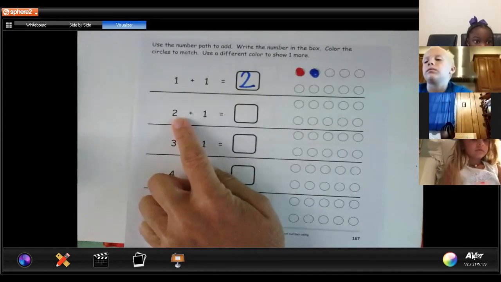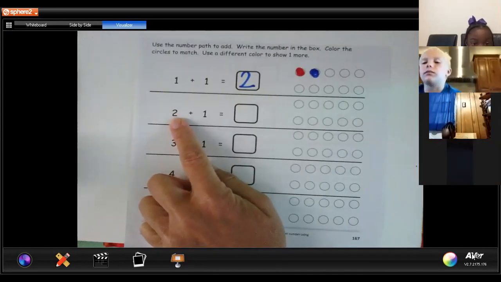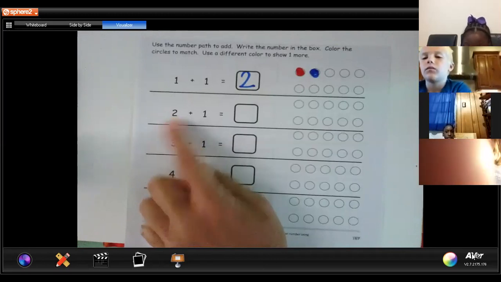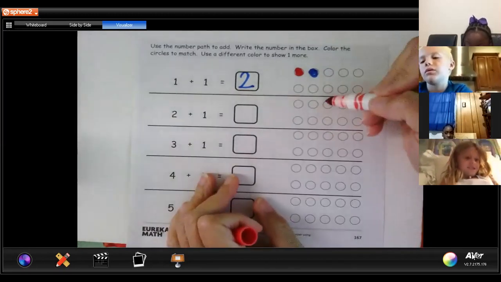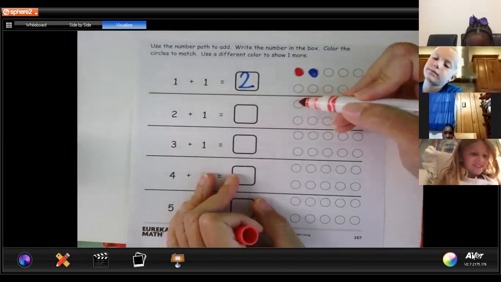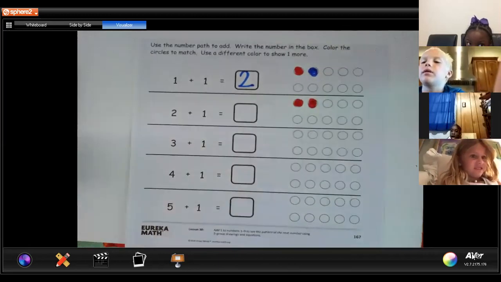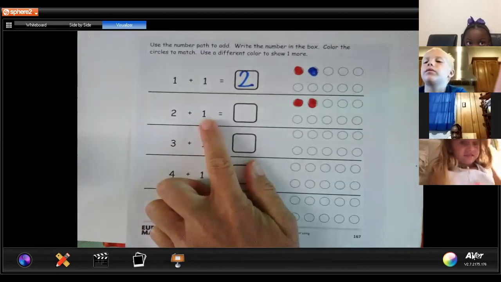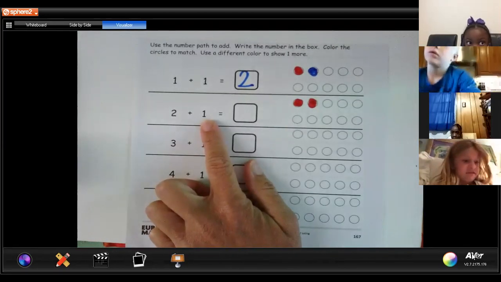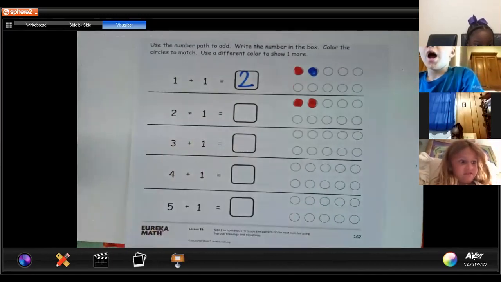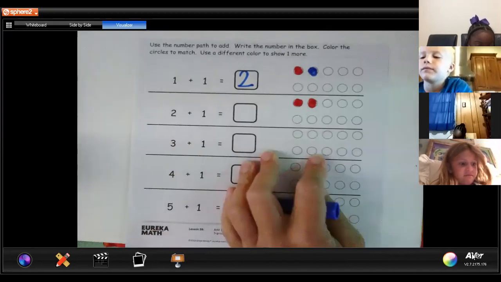Look right here. How many am I going to color in first? 2. Start at the top and on the left. 1, 2. And how many more am I going to color in? Y'all pay attention to what Miss St. Romain's question is.